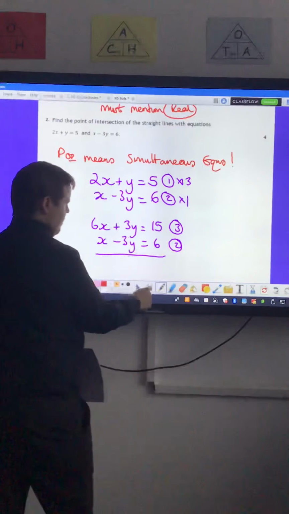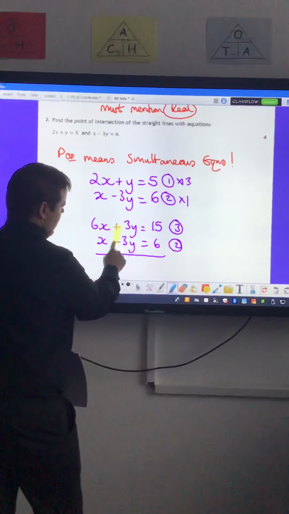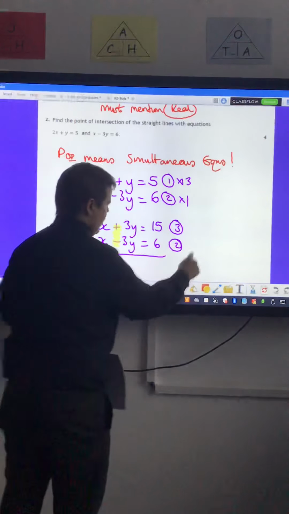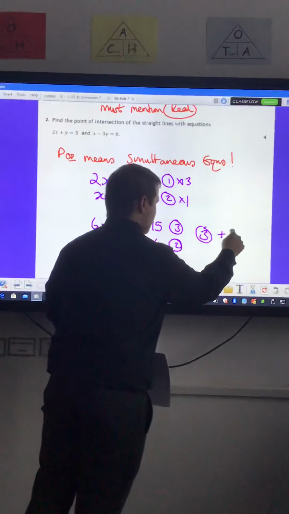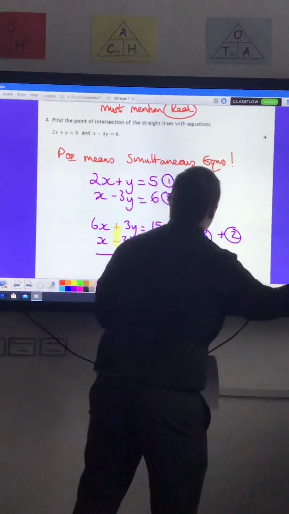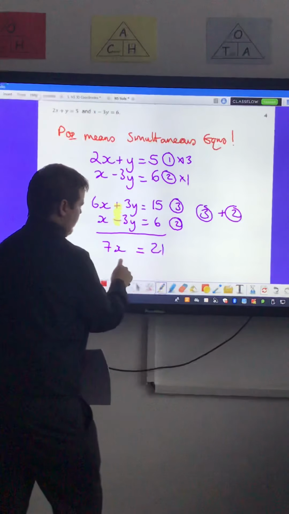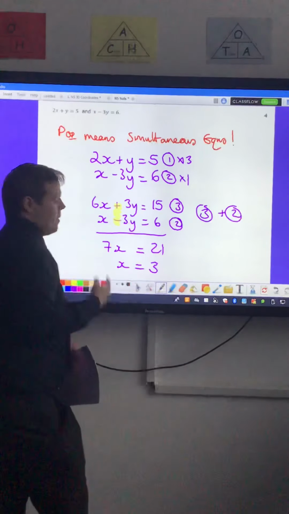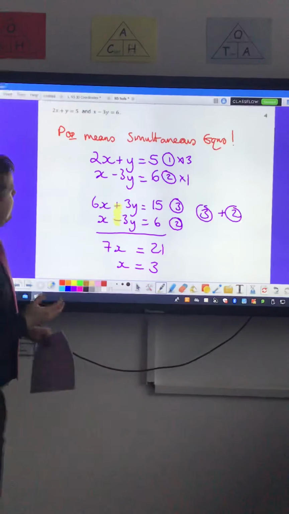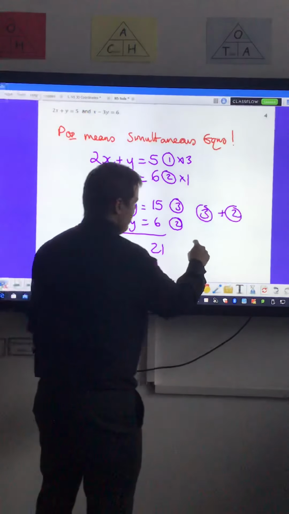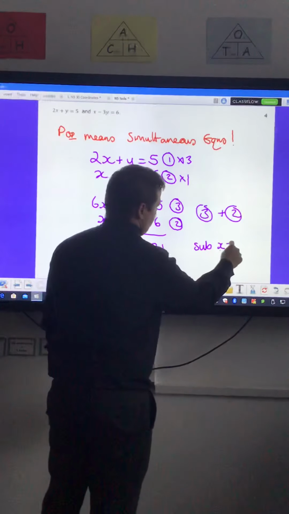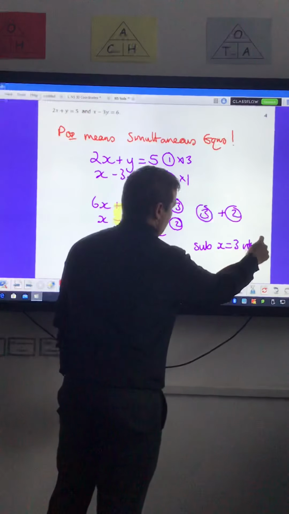But if the signs are different, which they are, what I want to do is add the two equations. So I'm going to do 3 add 2. That's going to give me 7x equals 21, so x is 3. Remember, you want to get two answers, so I'm going to pick an equation, probably equation 1, sub x equals 3 into 1.